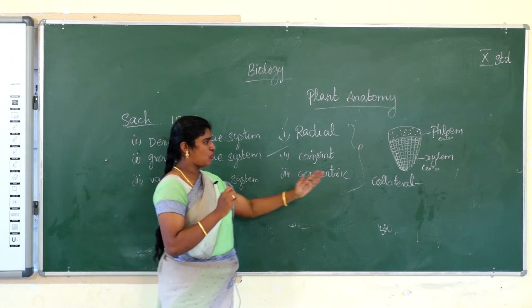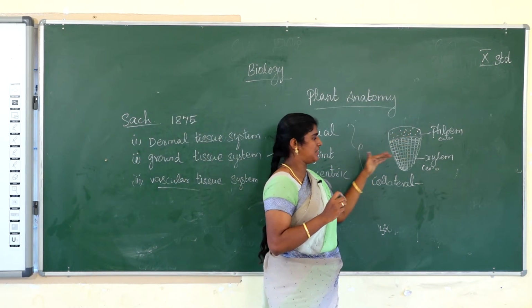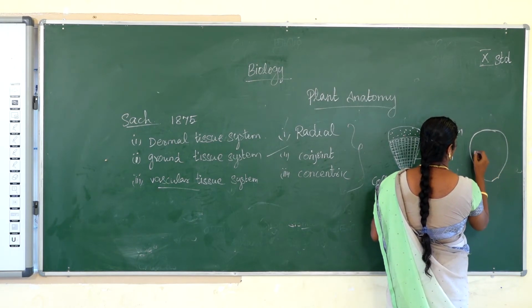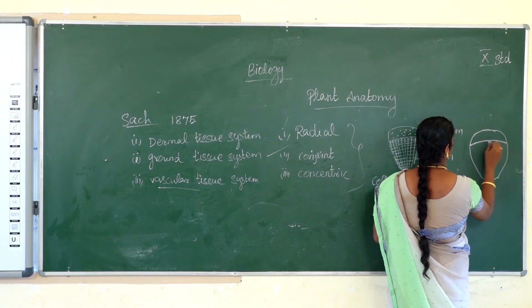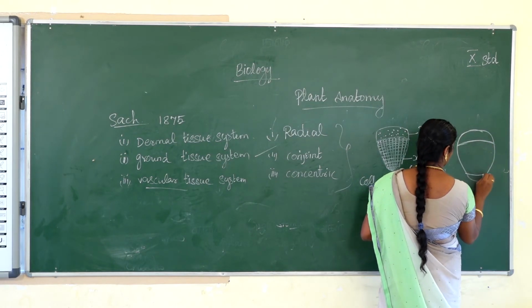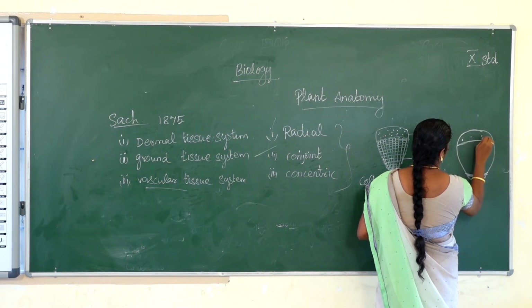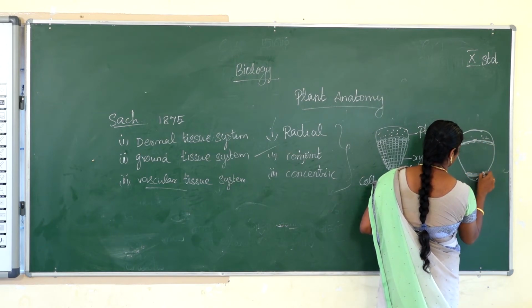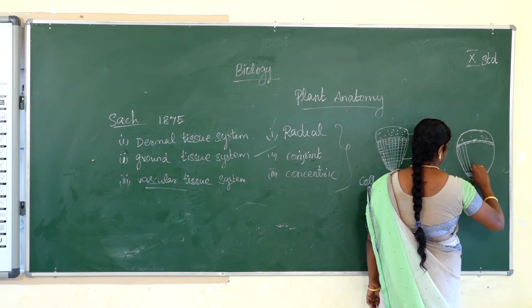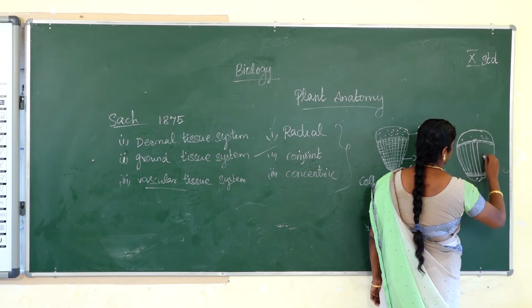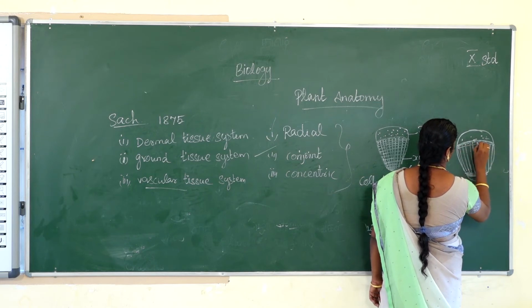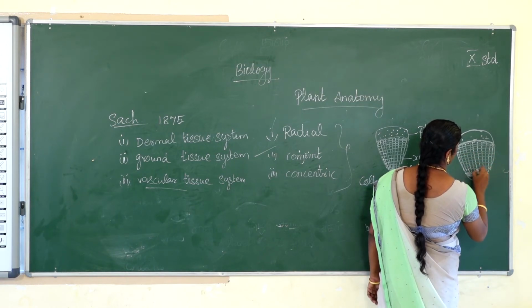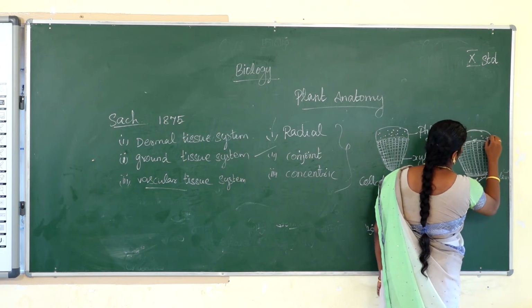Bicollateral means phloem is present on both sides.